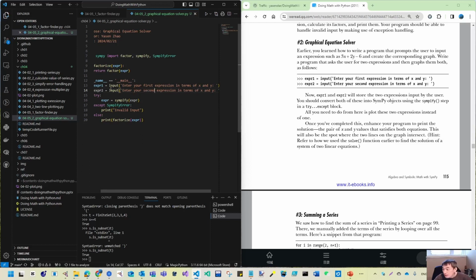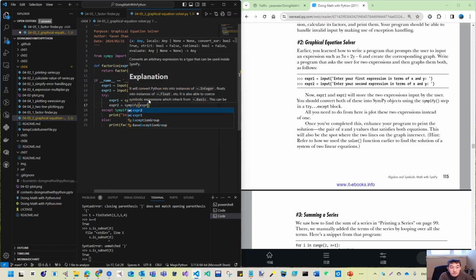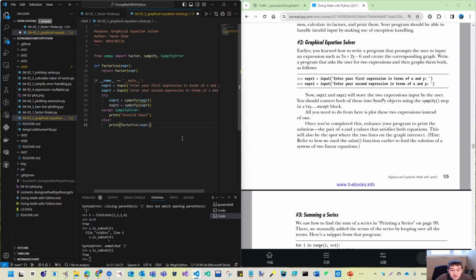Then what we learned is we have this try. So in the try, we first do expression 1, and then expression 2 equal to simplify of expr2.